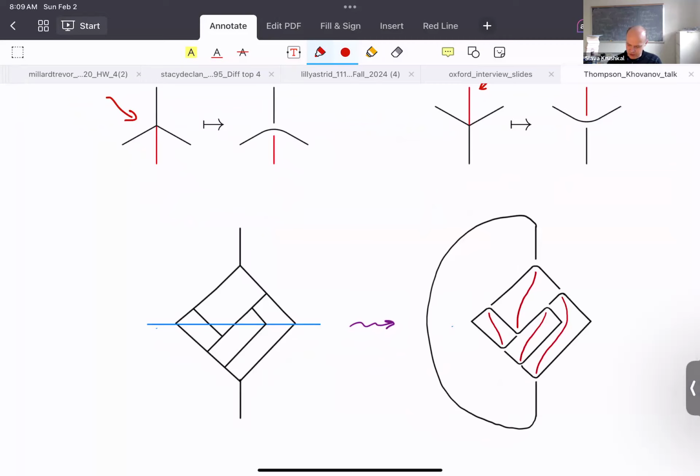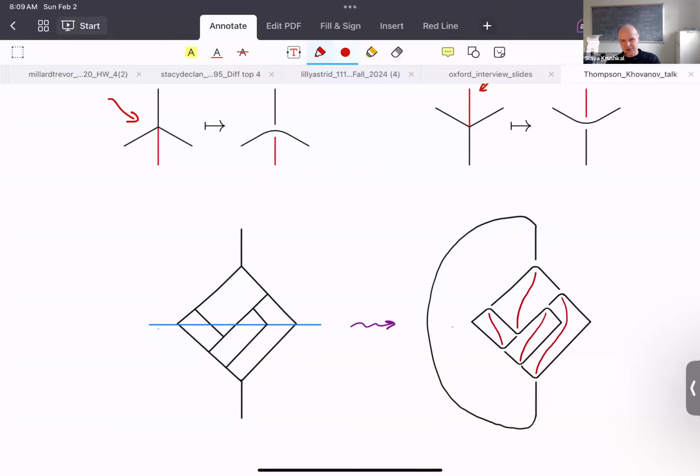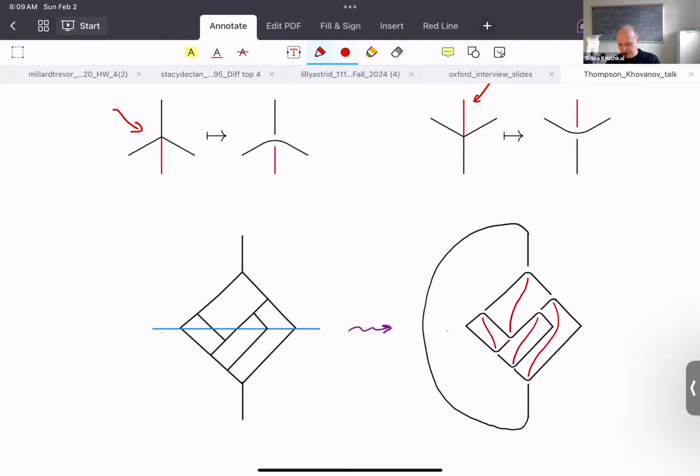In this case, it's I believe an unknot. If you start with the Thompson group element that corresponds to this pair of trees on the left, then at each merge and at each split you implement the prescription described above, and then you get this unknot. It just happens to be a knot in this case on the right.